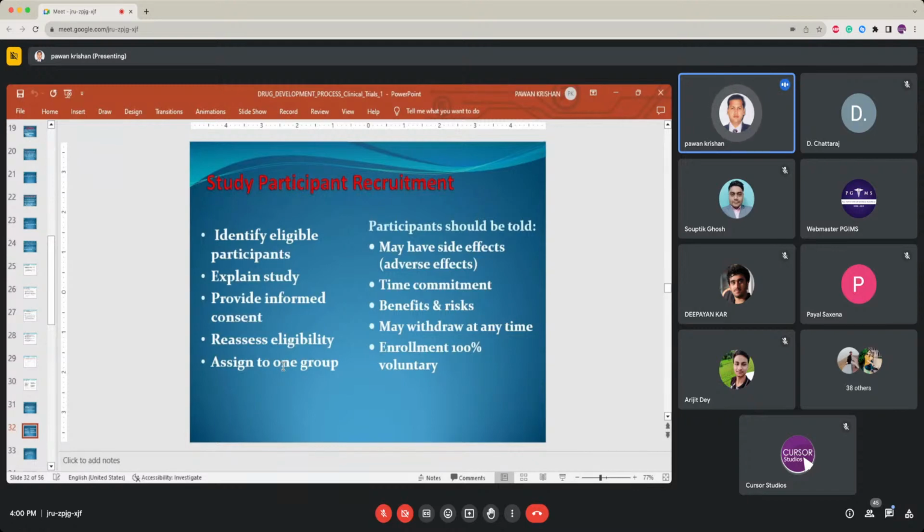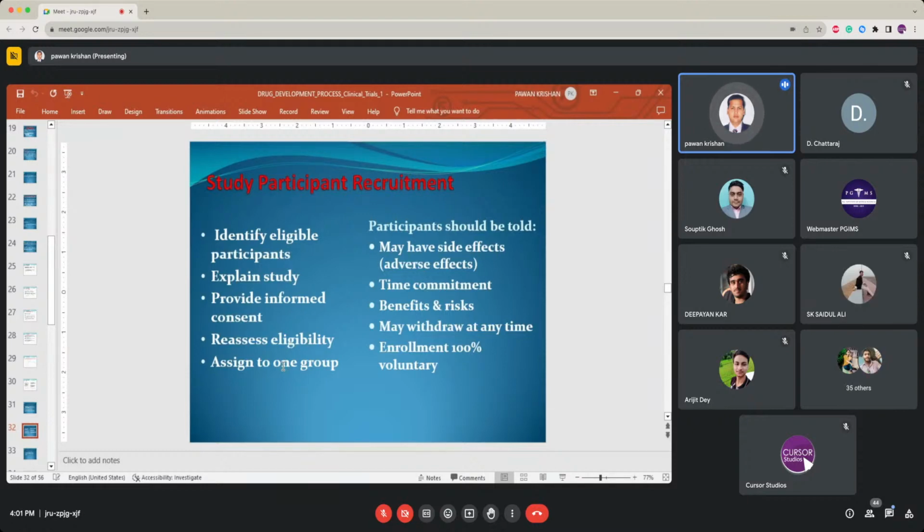As the name indicates, it is a written document, and informed means you are informing the patient or the subject regarding the trial or research study and getting a consent for the same. So that consent constitutes written informed consent.